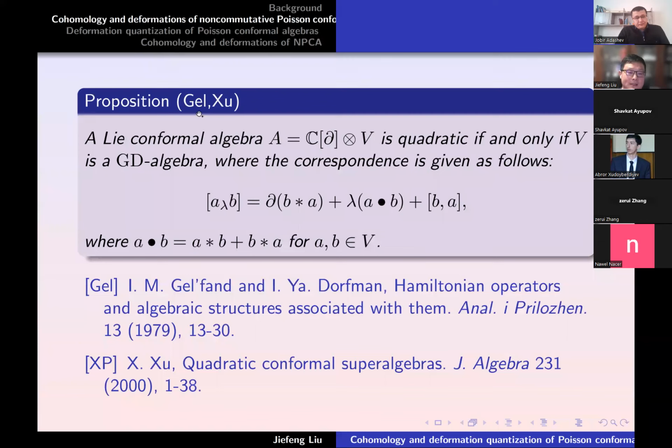This proposition was given by Gelfand, Dorfman, and Xiaoping Xu, which gave an equivalent description of the conformal algebra. The conformal algebra is quadratic if and only if V is a GD algebra, where the correspondence is given as follows.